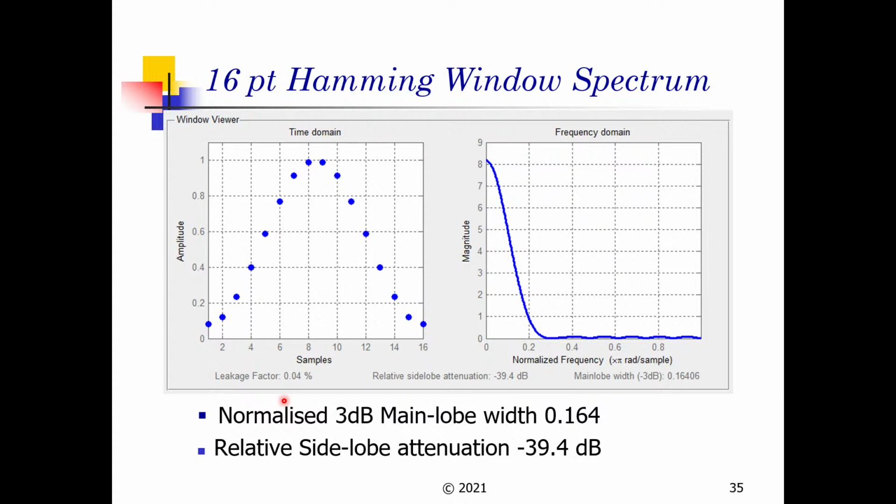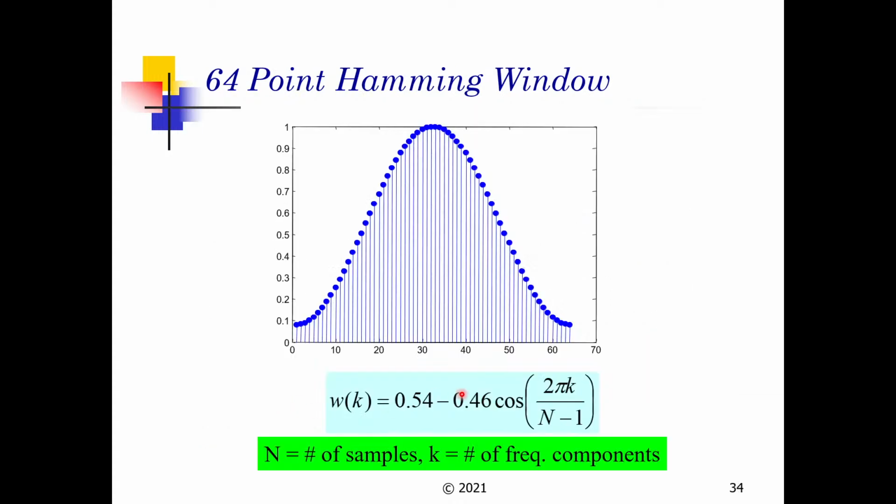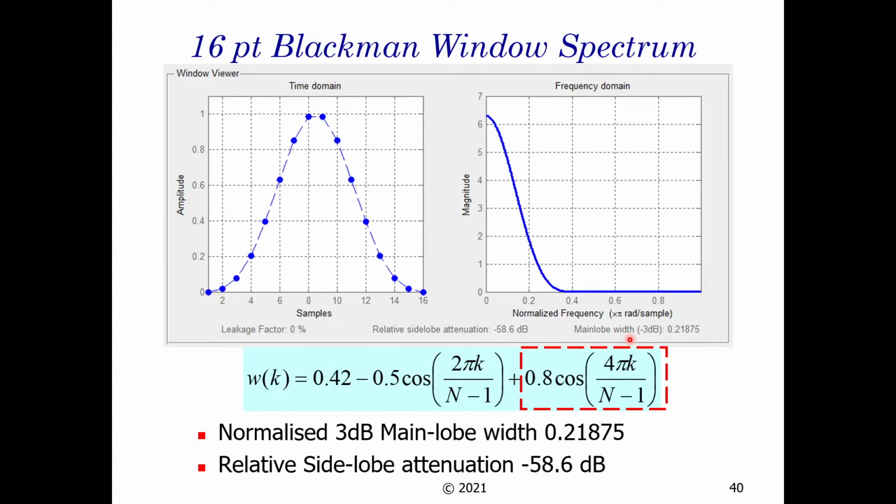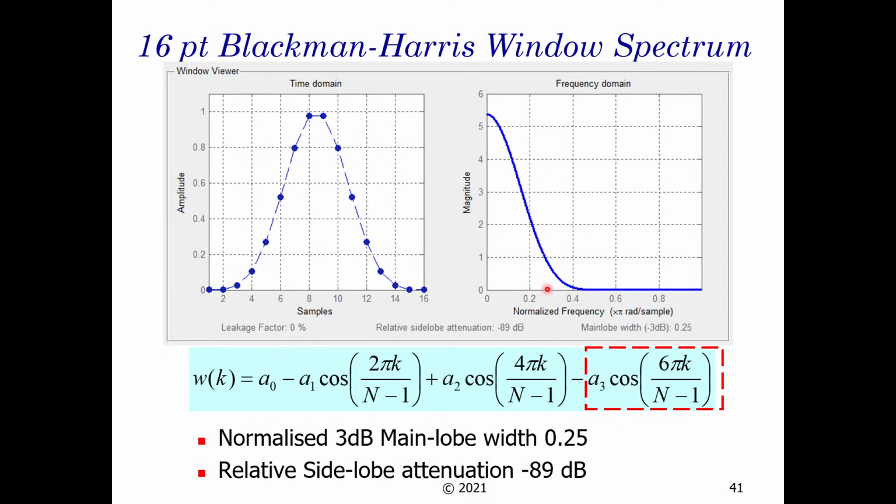However, as you introduce more and more components into the windowing function, the width of the centralized frequency lobe is going to increase as a result. So in this case, with our Hamming window, the width was about 0.2 of the normalized frequency. But when we went to the Blackman window, we can see that the width went to 0.3. And then for the Blackman-Harris, this width went to 0.4.